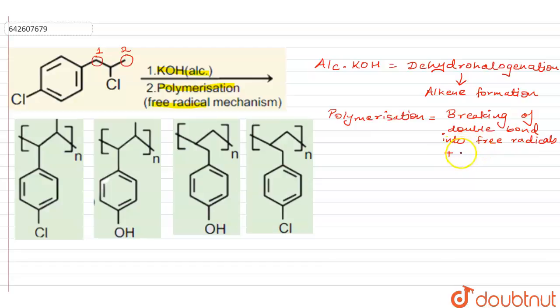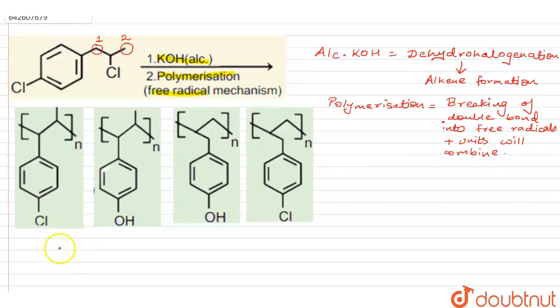In fact, the units will combine together to give me a long chain of the said polymer. So first of all, let us perform this reaction. I hope everyone is ready.